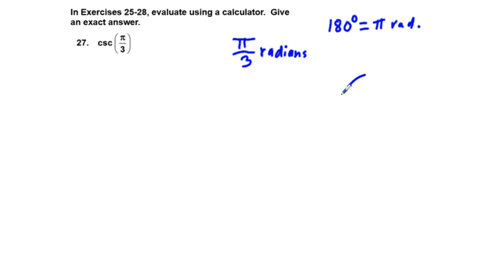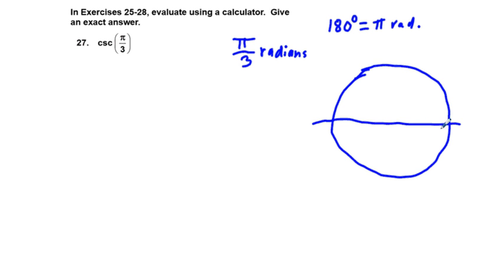Where we get that from is if we look at a circle here, if we rotate halfway around the circle, that's going to be 180 degrees, which is the same as pi radians. If you remember this relationship, 180 degrees equals pi radians, you don't have to memorize a formula so much.